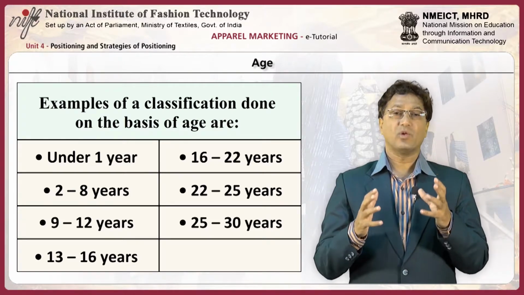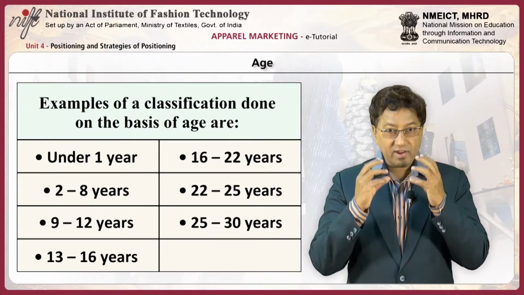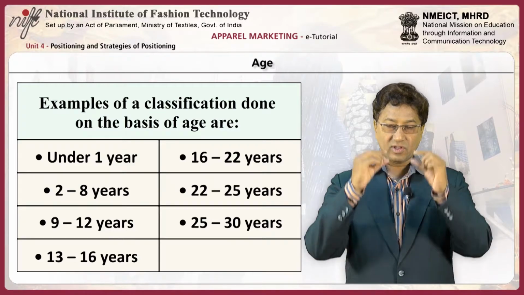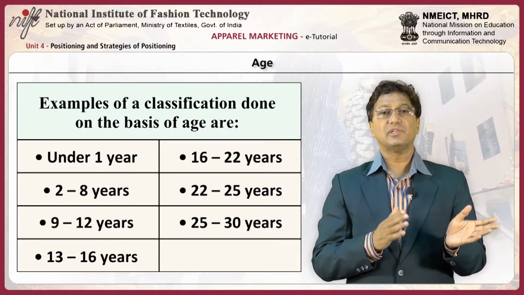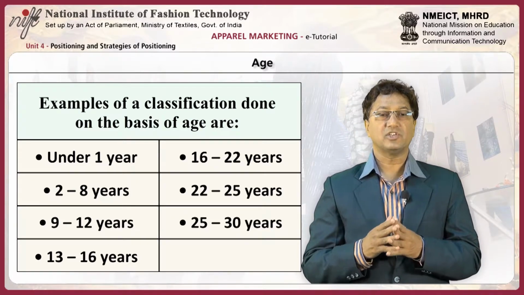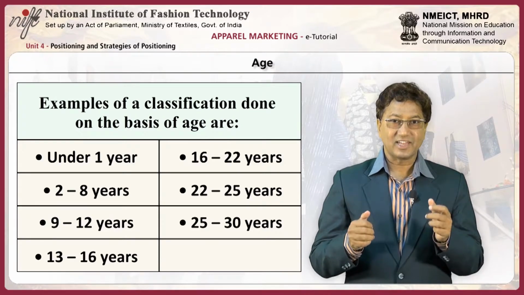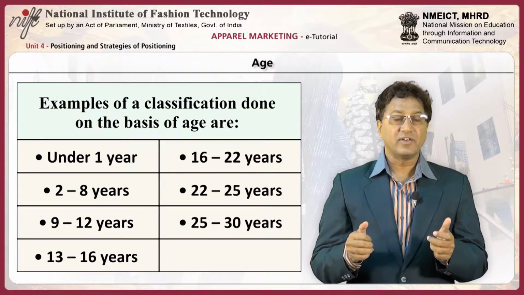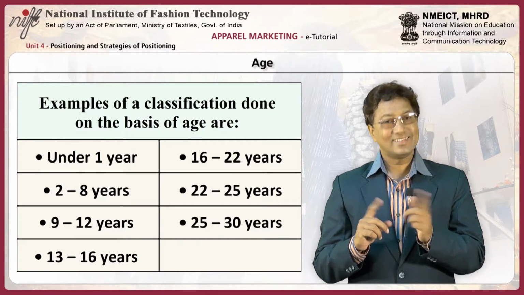This is required because the needs of every classification or every segment is different. Say for example, 0 to 1 year are normally called toddlers. The very fabric, the colors, the material or the designs that are required will be entirely different from the 12 to 16 that is called teens.